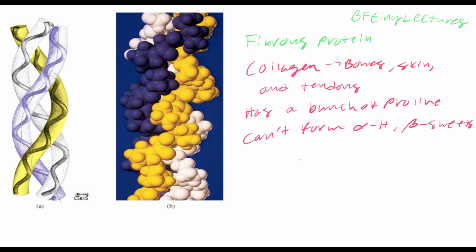Okay, so that's really weird. But also notice that fibrous proteins, like collagen, have a triple twist, right? So they form a helix shape, but it's not an alpha helix, okay?